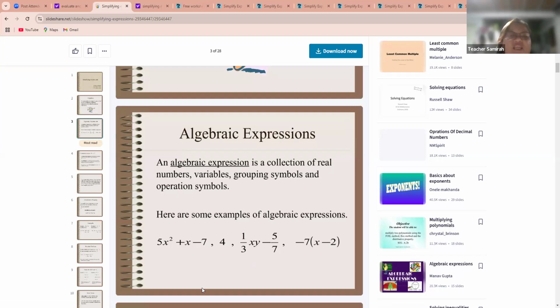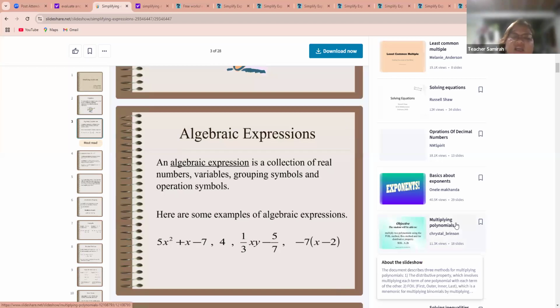Or we call that one basic operations. What are the basic operations? So the operation symbols are addition, multiplication, division, and subtraction. So these are the basic operations that we usually use, right?